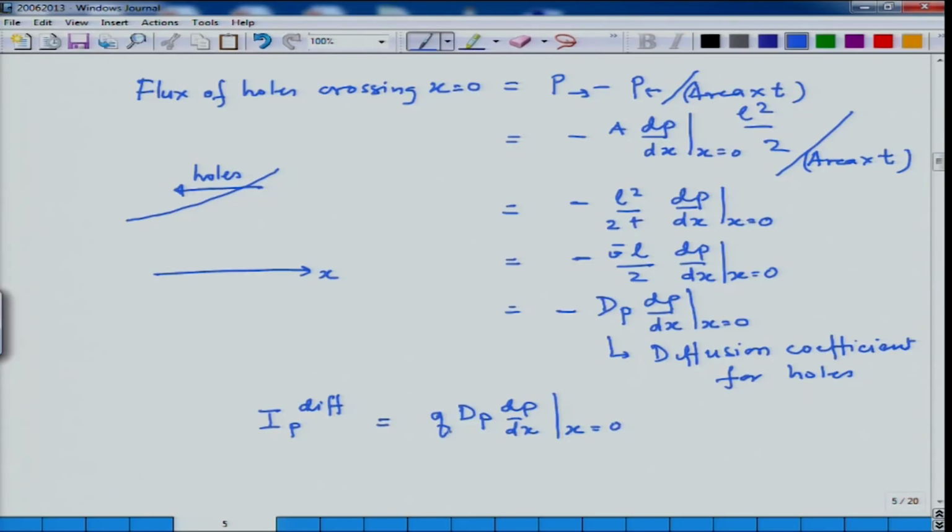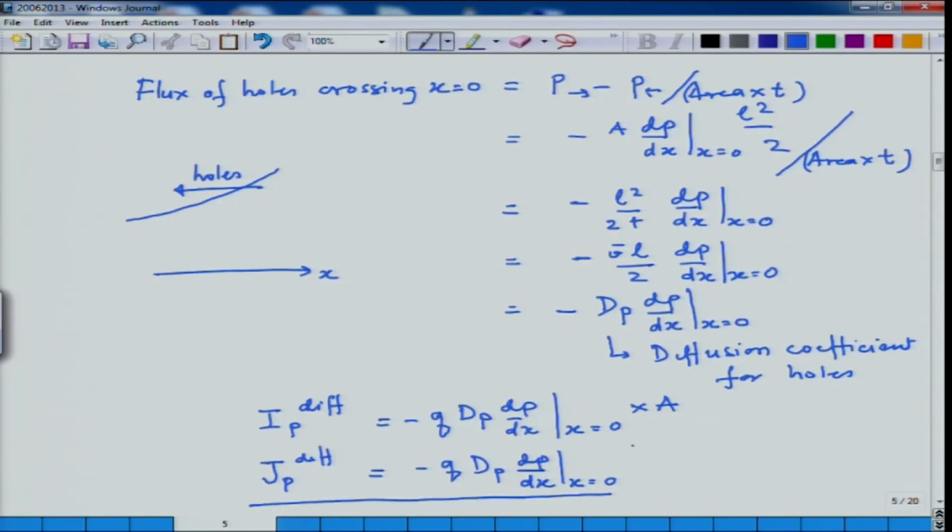So, this would be charge per centimeter square per second, which is the current, multiplied by the area A. And if I want to represent it in terms of current density, then the whole current density due to diffusion will be given by minus Q times the diffusion coefficient times dP dx at x equal to 0 (negative sign missing earlier). So, this is the expression we wanted.